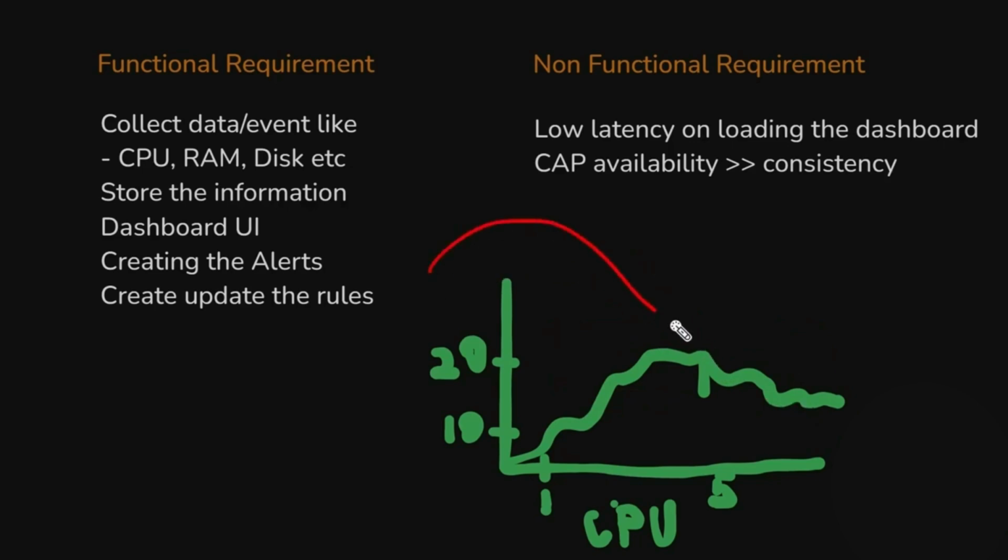So we want to prioritize showing this graph as quickly as possible, even if we compromise on having some delays of milliseconds on showing these metrics information in this graph.